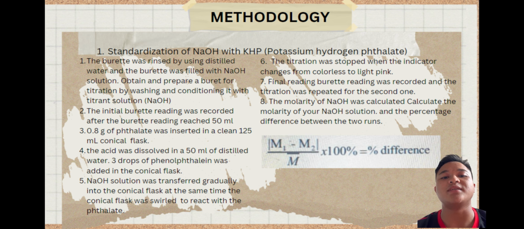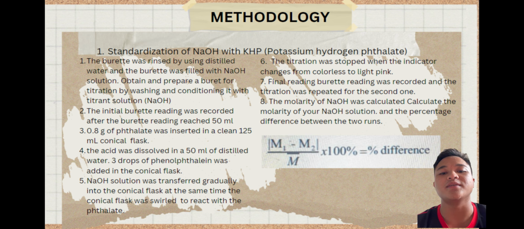The first step is the burette was rinsed using distilled water and filled with sodium hydroxide solution. Obtain and prepare a burette for titration by washing and conditioning it with titrant and solution.